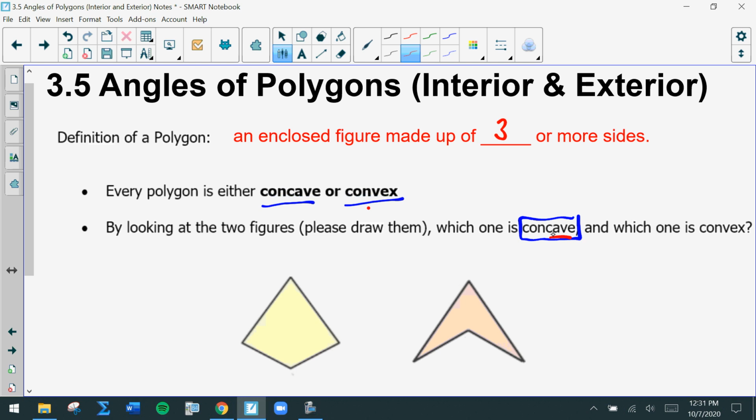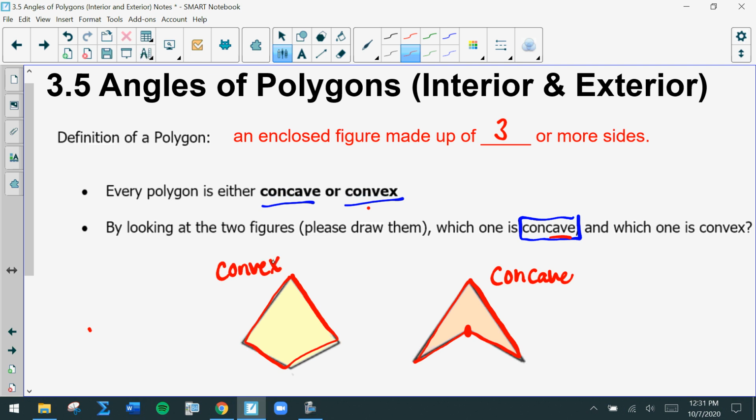When I think of cave, I think cave in. So if you look at the pink figure, notice how it's caving in and going inside of the figure. You have a point that's inside of the figure. So this is concave. And in this figure, notice how none of the points are inside. We'll call this convex.